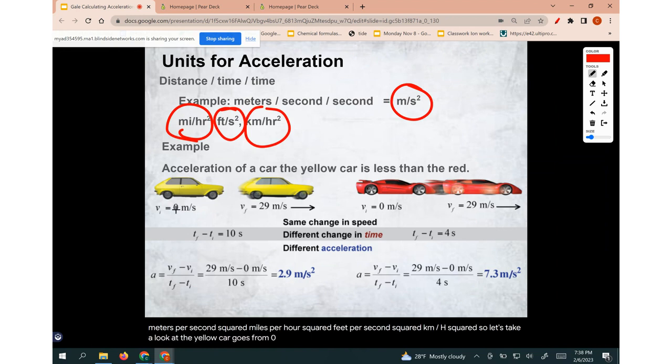It goes from 0 meters initial to final 29 meters. Both these cars do the same thing, but the yellow car takes 10 seconds, so it gets 2.9 meters per second, but the red fast car, I'm not sure if it's a Corvette, 7.3 meters per second, takes less time.